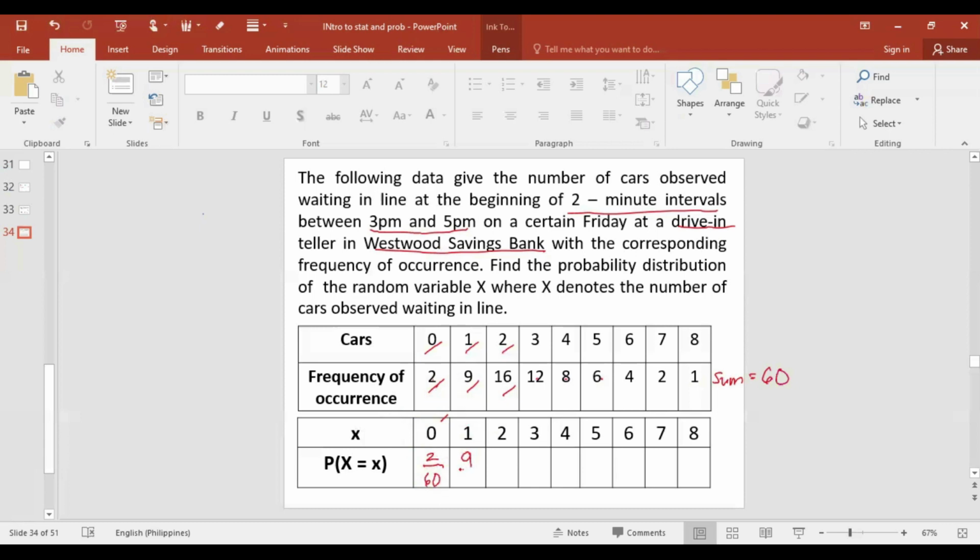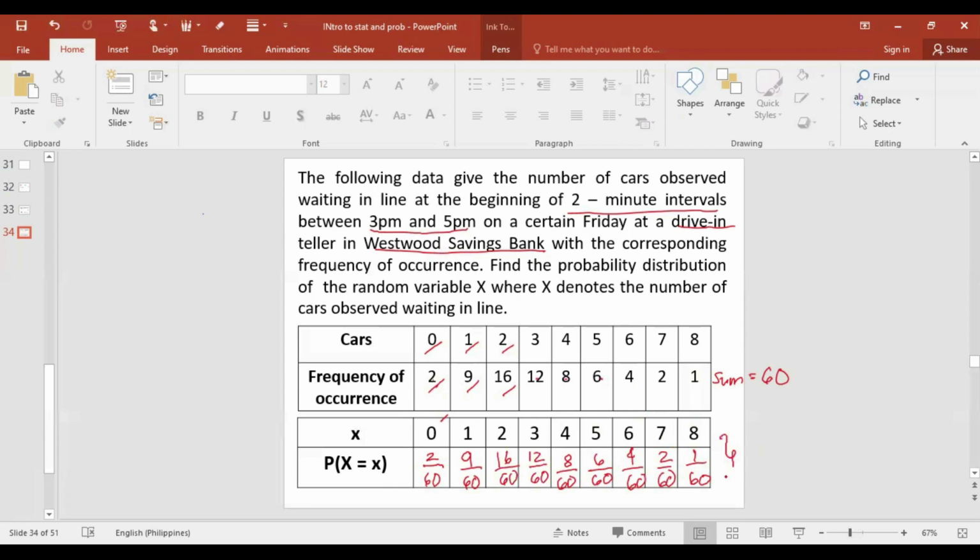Next, 9 over 60, 16 over 60, 12 over 60, 8 over 60, 6 over 60, 4 over 60, 2 over 60, and lastly, 1 over 60.